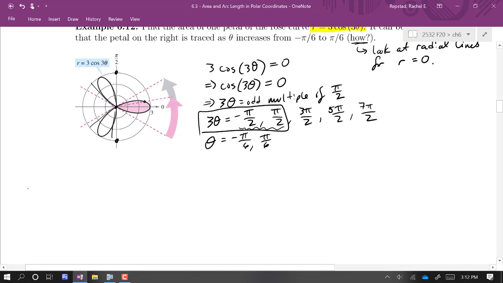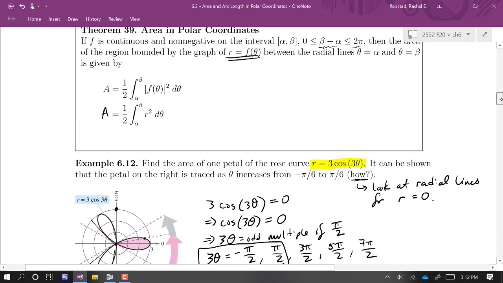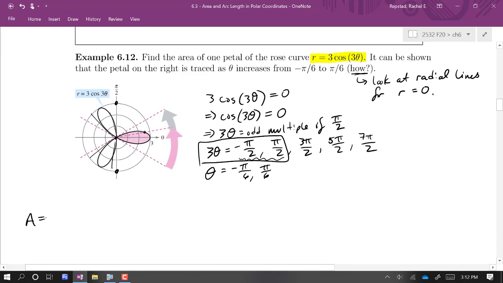So now let's set up the integral using theorem 39. This area is 1/2 times the integral from minus pi over 6 to pi over 6 of r squared, so 3 cosine 3 theta squared d theta.